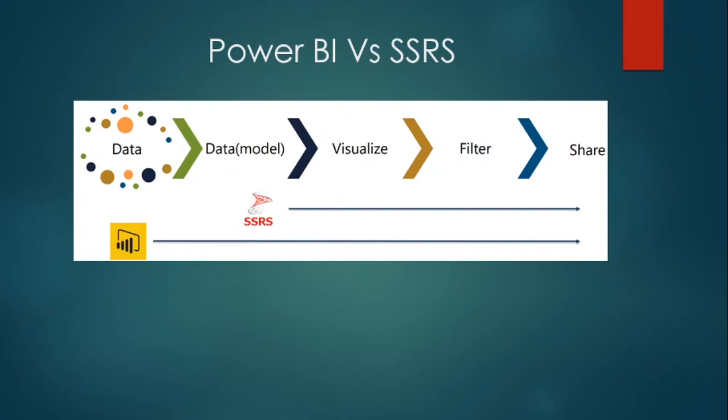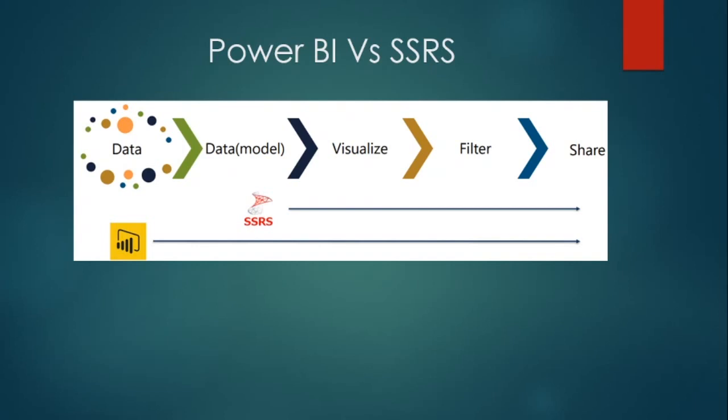If you want to connect a text file, you will not be able to in SSRS. You can take data only from SQL Server, SSAS cubes, and stored procedures. But in Power BI, a lot of data connectors are available. You can create data connections from different data sources. That's why it is very powerful.